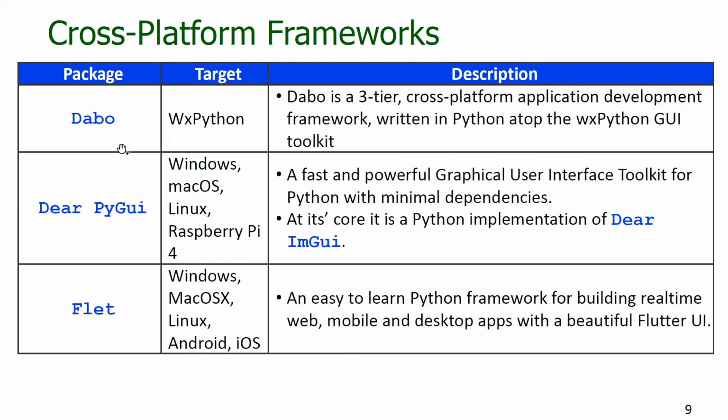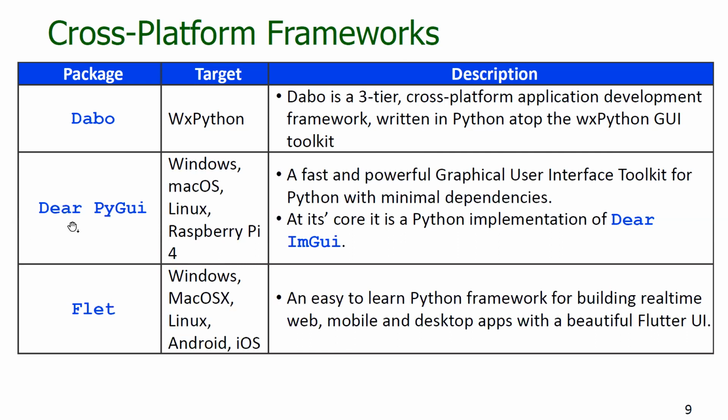The next one is DABO. The target platform is wxPython. Here, DABO is a three-tier cross-platform application development framework. This was written in Python atop the wxPython GUI toolkit.